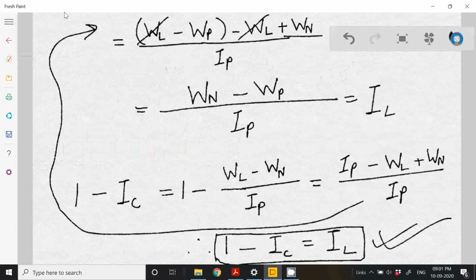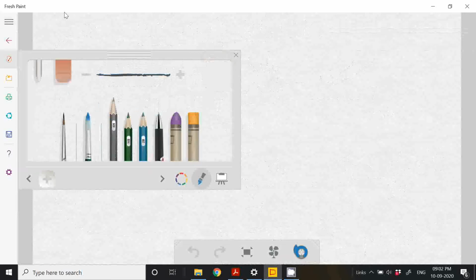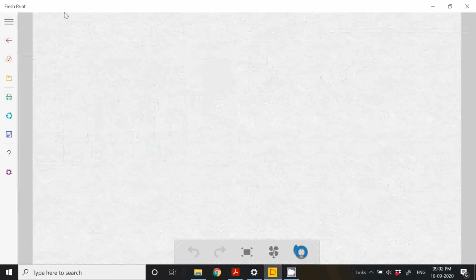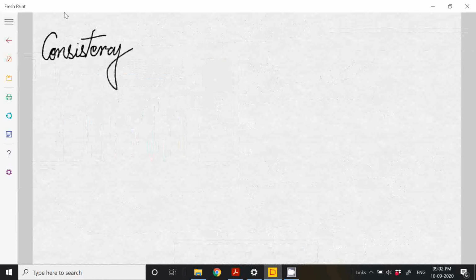Okay, now let us discuss one table. You should know the range, so I will write a table here. You please copy it down. Consistency, then description.